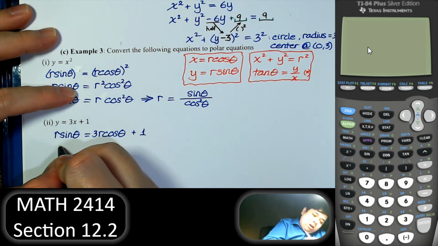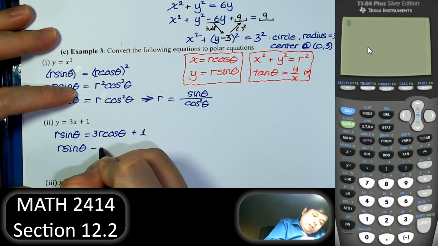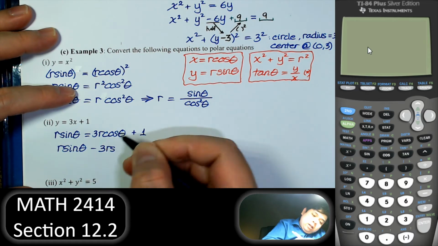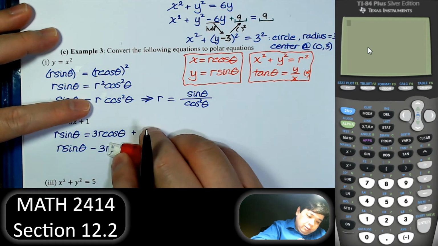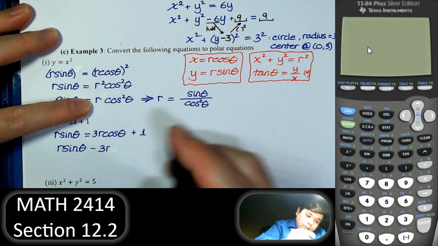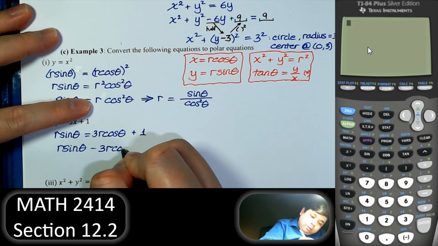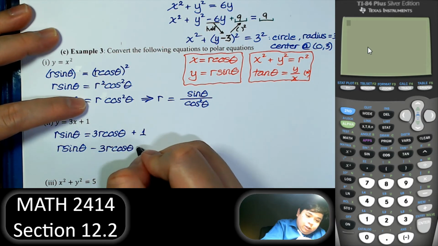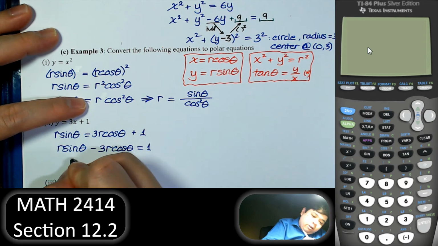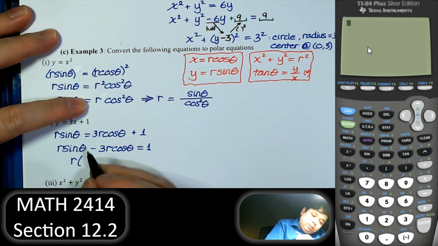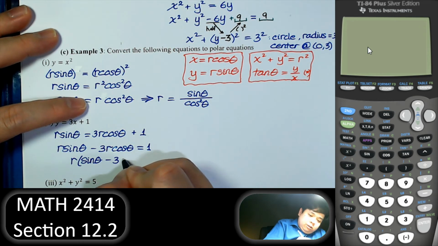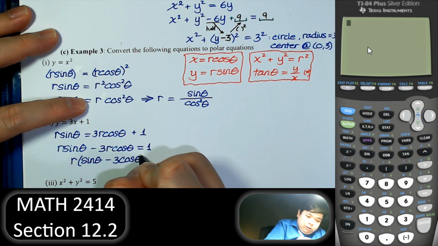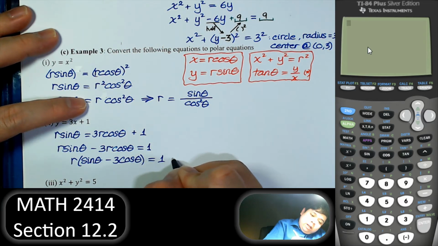So subtract r cosine theta on both sides, equal to 1. Factor out r, and solve for r.